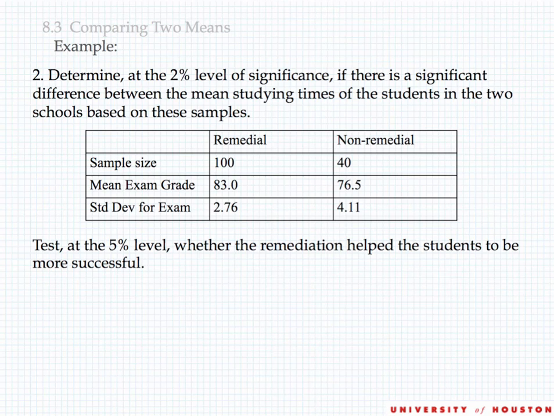Another example. Determine at the 2% significance if there's a difference in the mean studying times on the 2 samples between these 2 groups. Here we have a group of students that have had remediation and some without remediation. Let's let the remedial group be 1 and non-remedial be group 2.